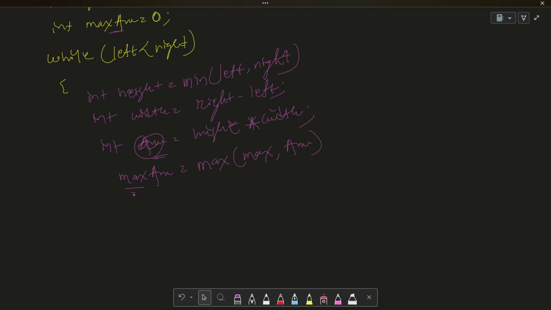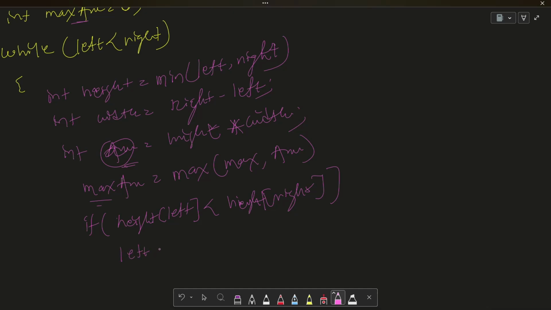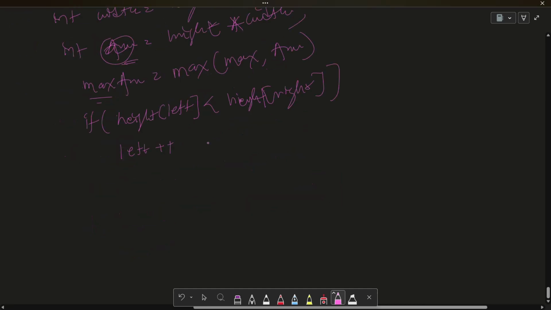Now our cases we have written here, right? How this pointer is going to increase. If height of left is less than height of right, then we are going to move the left because left is smaller. Left plus plus. Else, we can directly move.